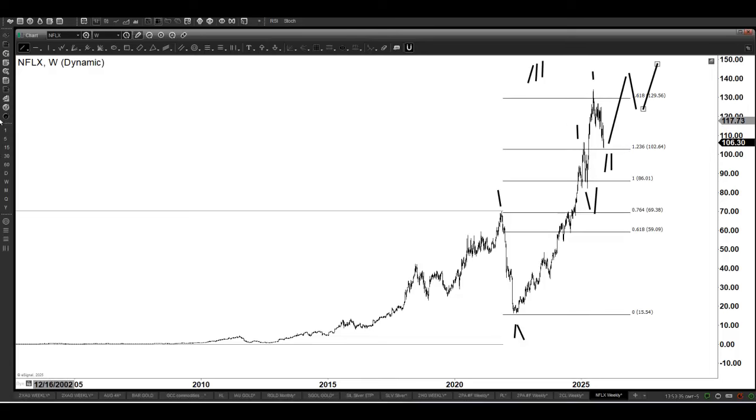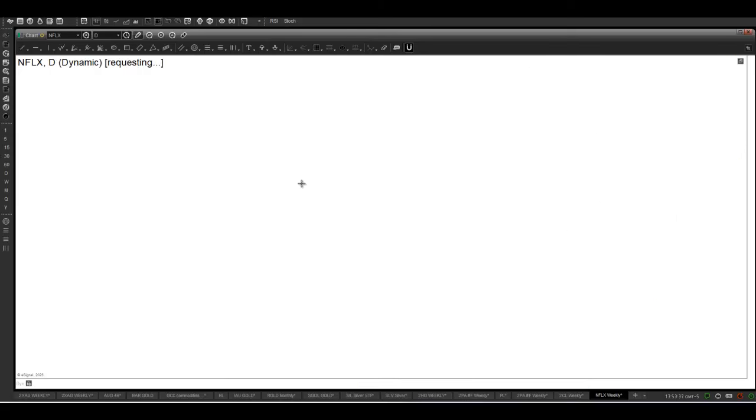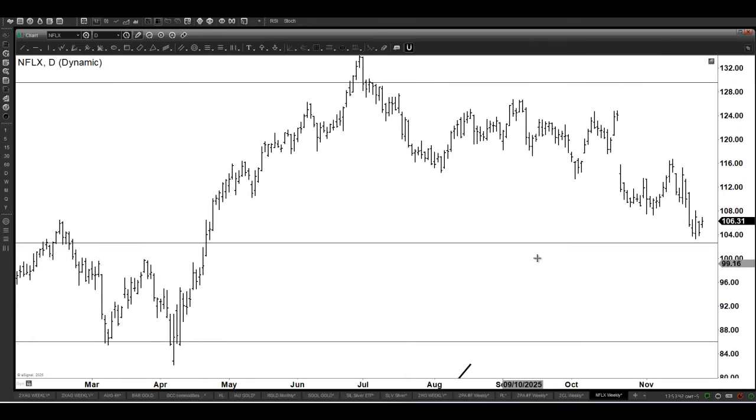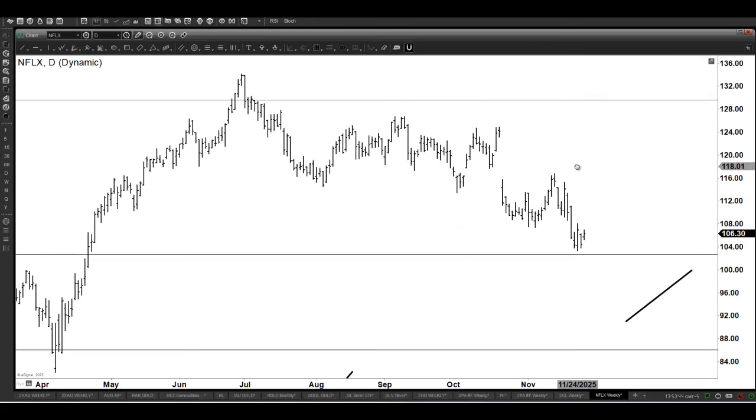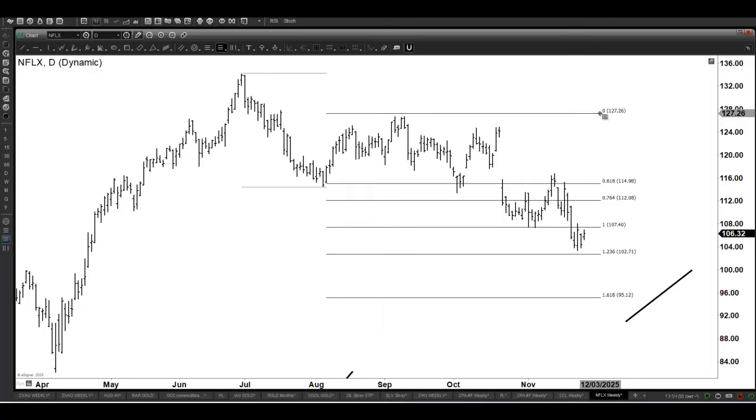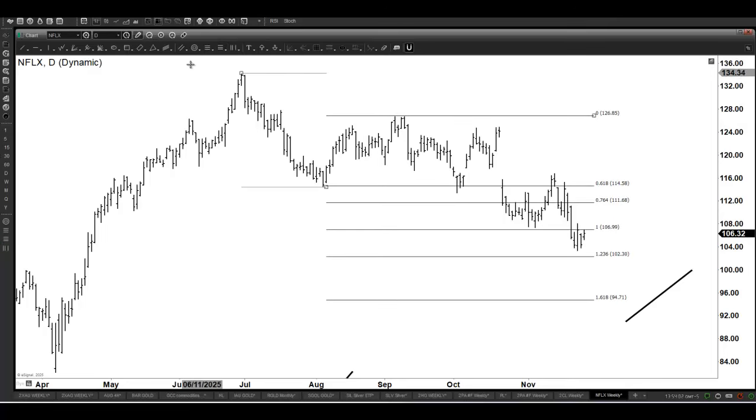For me, this is very simple. Netflix is at the buying areas here, which is going to support gold and silver.